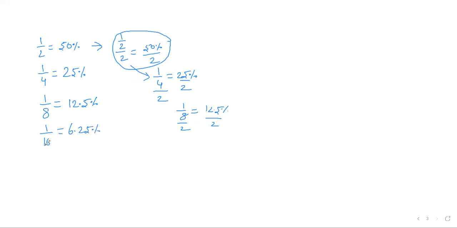Any problem? If I have to get 1 by 32, I don't have to do any large calculation. Simply write here 6.25% divided by 2. Do the calculation and write the values here. Easy thing. And with the help of these, I can find any numbers, any fractions, any values. That will be very helpful, very useful.